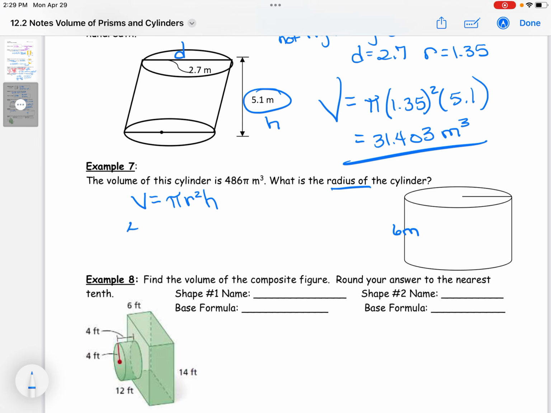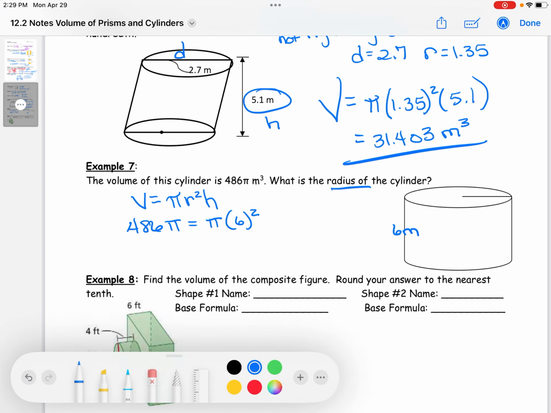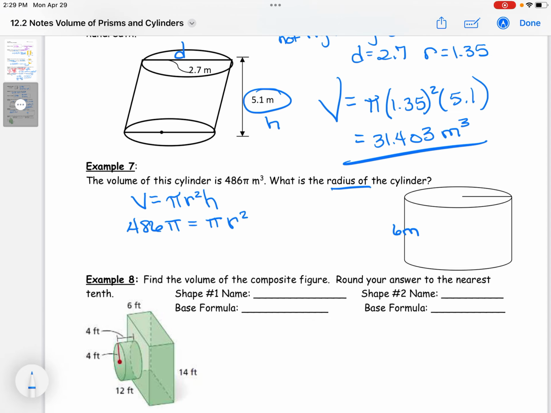Okay, so we have 486 pi equals pi r squared times 6. Okay, so if we divide both sides by pi and 6, then I end up with r squared equals 81, which means r equals 9 meters.